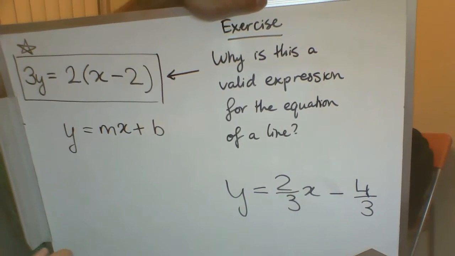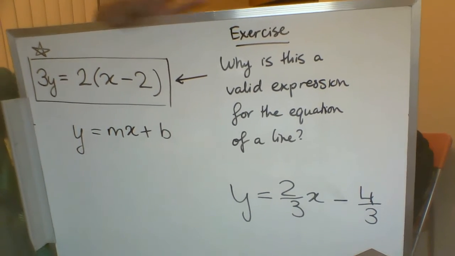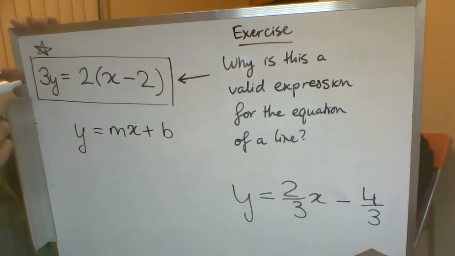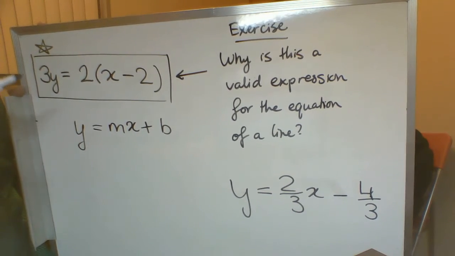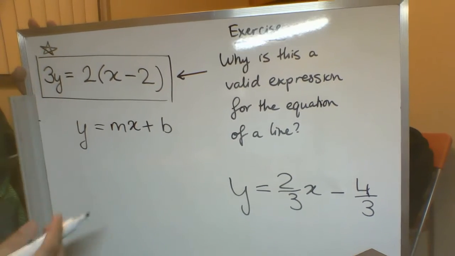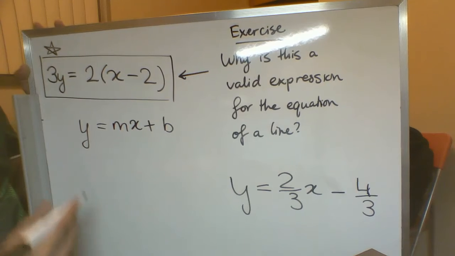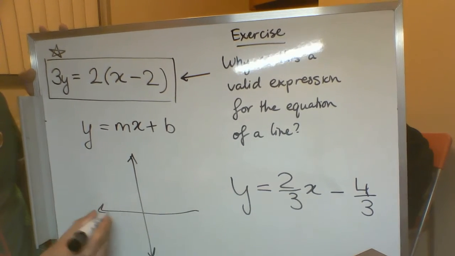So why is this still a valid expression for the equation of a line? If you tried to plug this into one of those websites that can graph a function for you, why is it still going to give you a line?